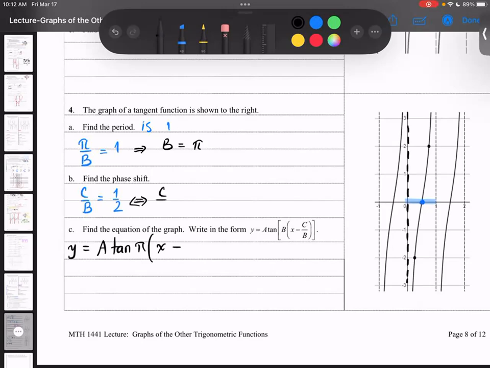So C over pi equals 1/2. Solve for C. Cross multiply, 2C equals pi, which implies C equals pi half. Oh, I don't need C. I just need C over B. I don't need the individual. So minus 1/2. That's all.